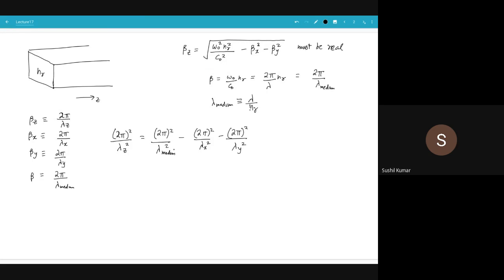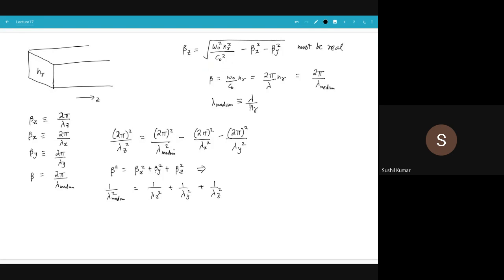Remember, this was the relation beta square equals beta x square plus beta y square plus beta z square. I have converted this relation, getting rid of all the 2 pi's. And what do I get? 1 over lambda medium square equals 1 over lambda x square plus 1 over lambda y square plus 1 over lambda z square.